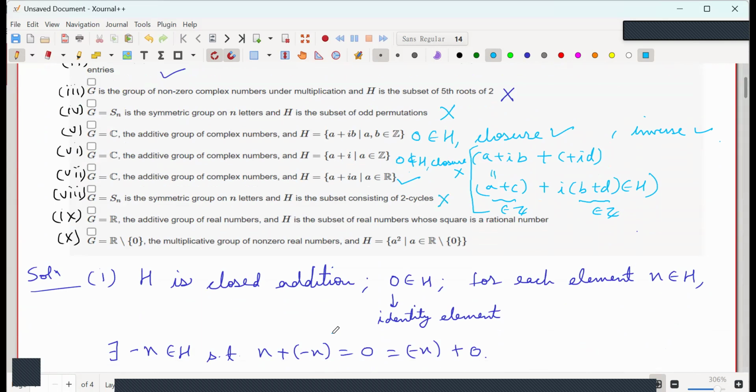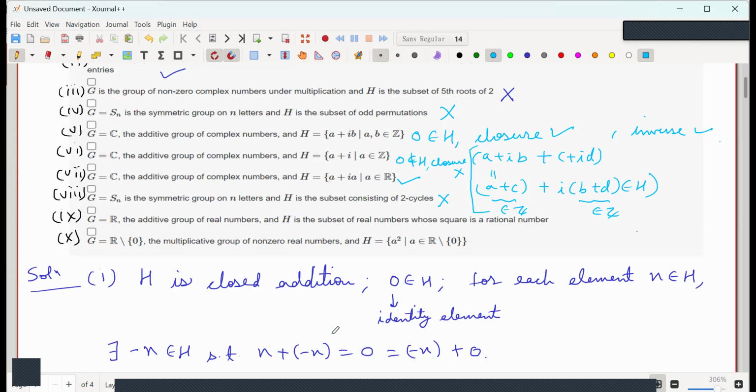Okay. What about the next one? So G is the set of real numbers, which is also an additive group. H is a subset of real numbers whose square is a rational number. This is not closed under addition, so it is not a subgroup. What about identity? Identity exists, but then closure. Identity is there, but it's not closed, right?